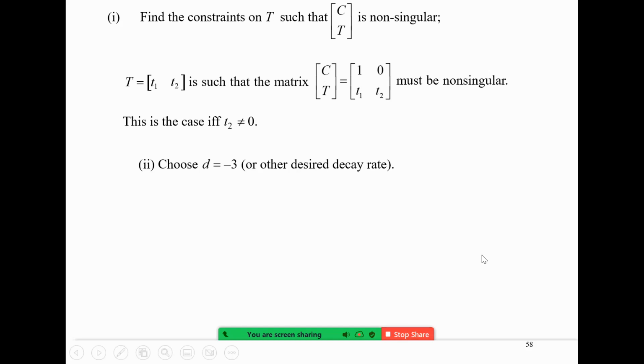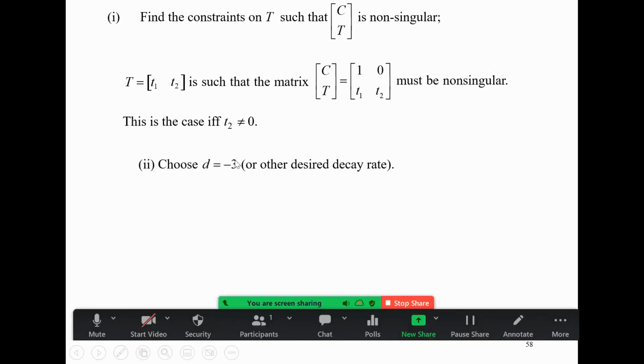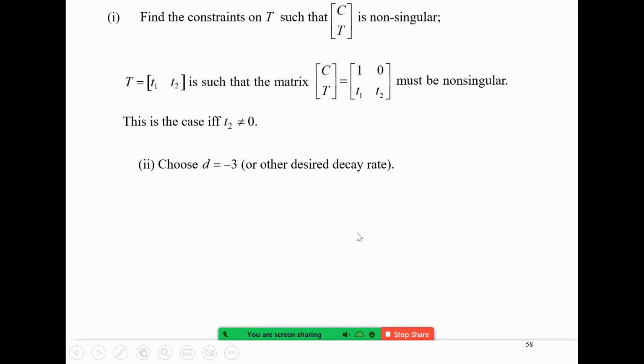Then the second step, you choose a stable pole, right? So D equals -3. Of course, you can choose -1 or -2, but you should never choose +1. Then you design T and G from this main design equation. Essentially, what should you do?